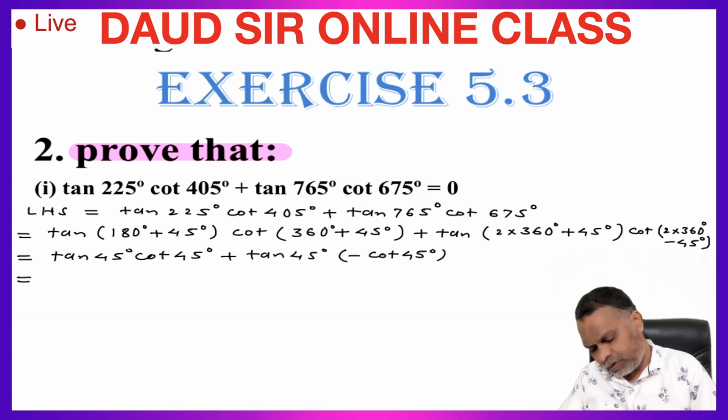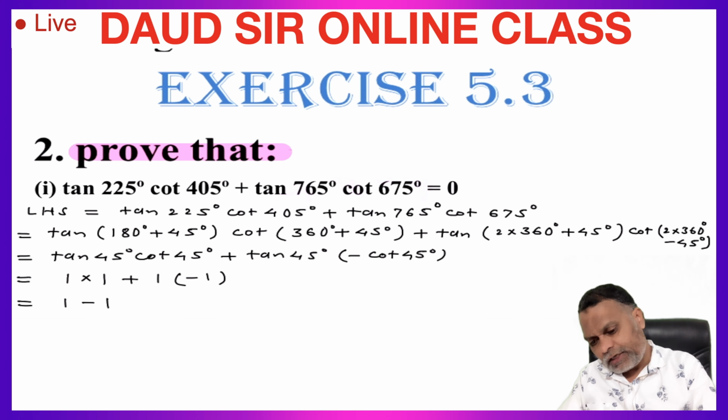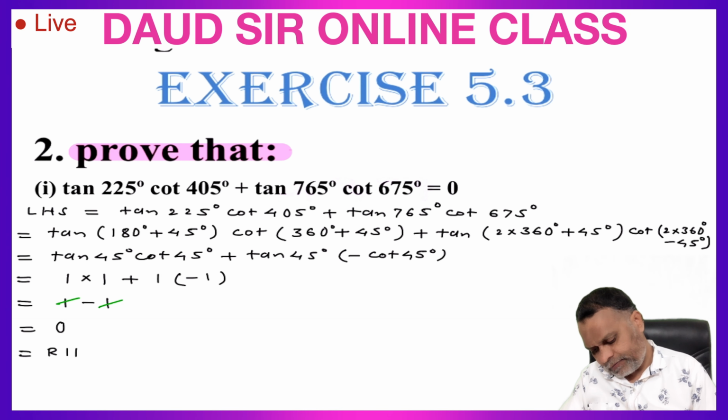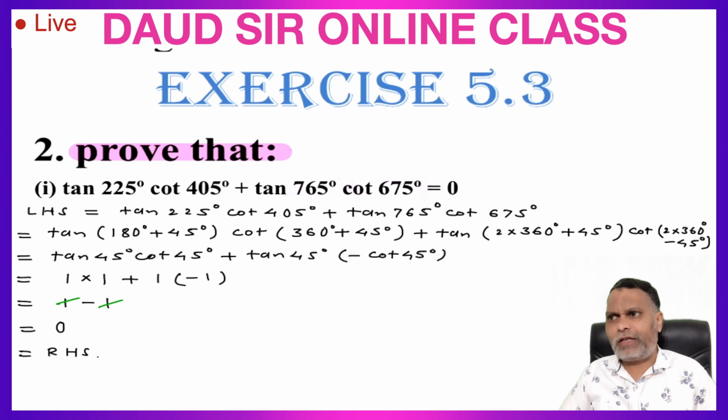Tan 45 is 1, cot 45 degree is 1, plus tan 45 is 1 and minus cot 45 is 1, which is equal to 1 into 1 plus minus multiplication 1. This negative and positive 1 cancel. So finally we have got 0, which is equal to right hand side. In this way we can prove this.